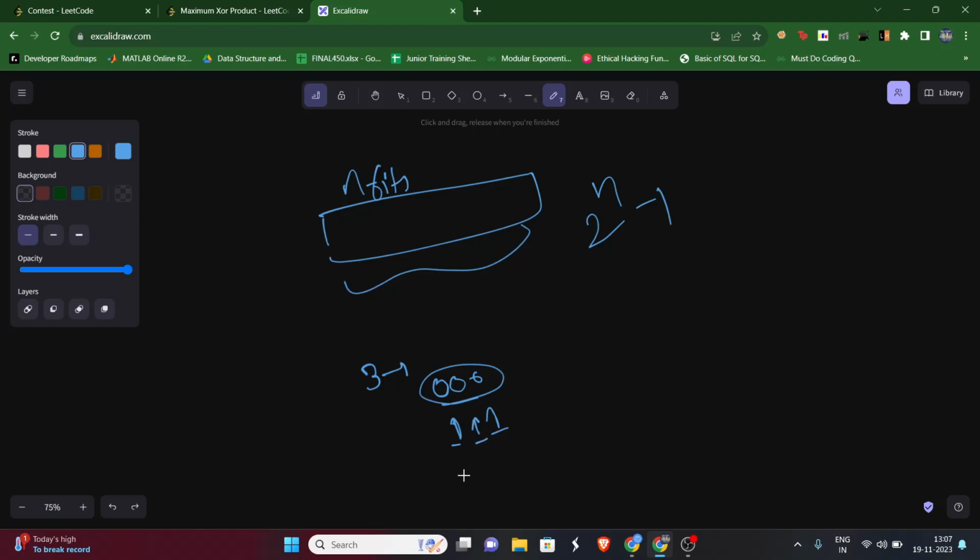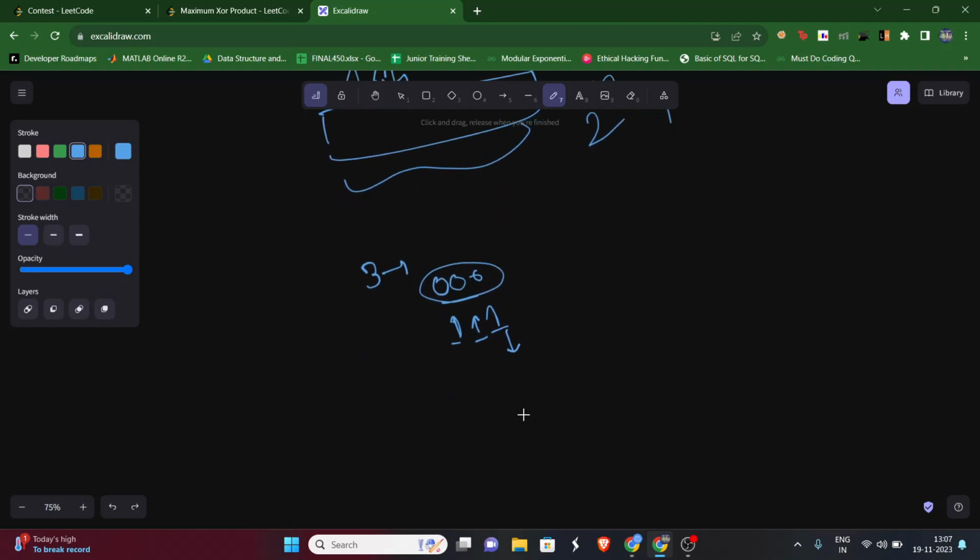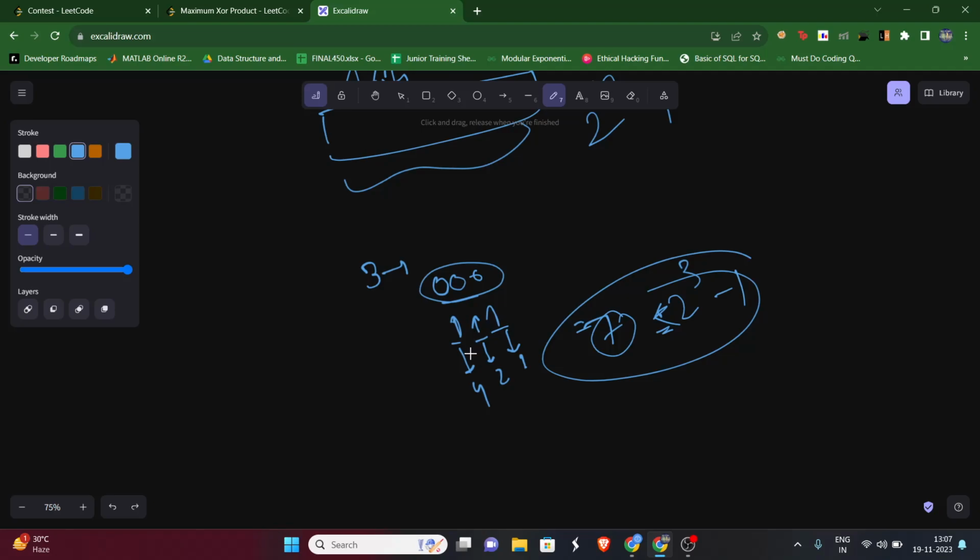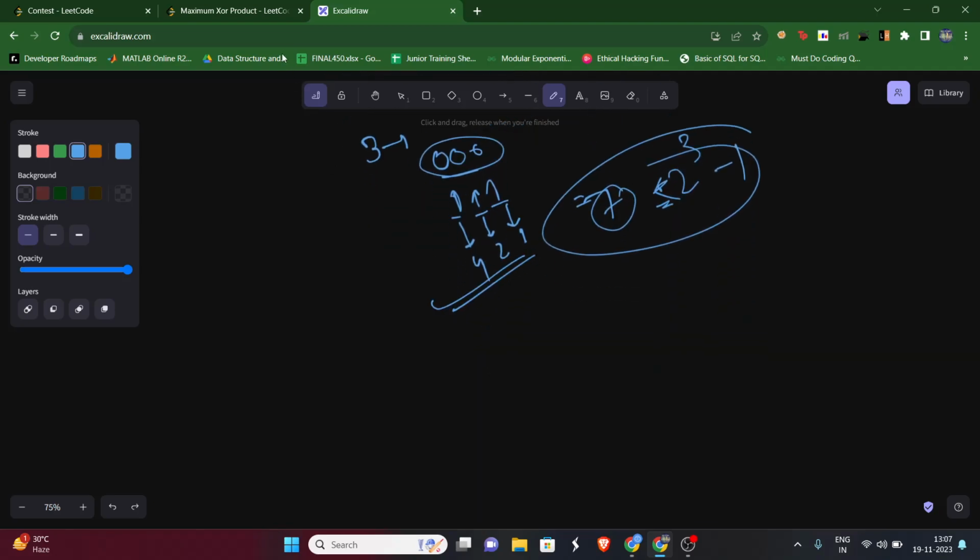If we convert it into decimal, it represents 1, 2, 4, so in total it's 7. So that is less than 2 to the power 3, or precisely 2 to the power 3 minus 1. I just wanted to point out this property because we'll be using it over here.